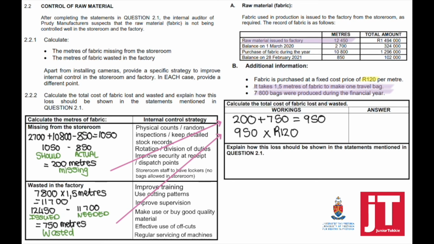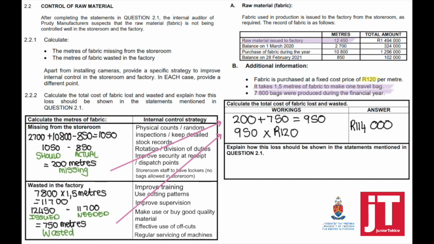And the cost per meter is 120. So the total cost of the fabric which was lost and wasted was 114,000.